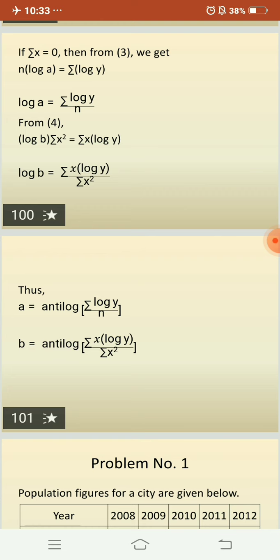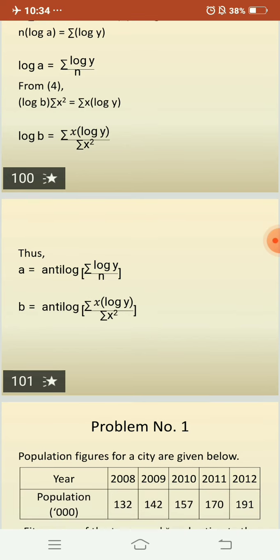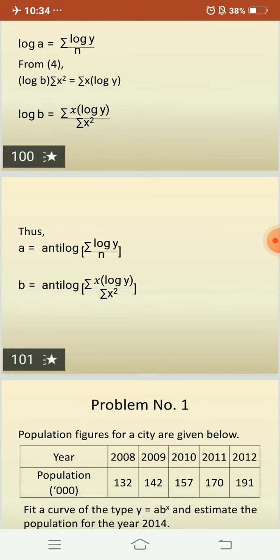Taking the log on the left side, it becomes the anti-log. You already know how to calculate log and anti-log values. So a equals anti-log of summation of log y divided by n, and similarly b equals anti-log of summation x into log y divided by summation x square.